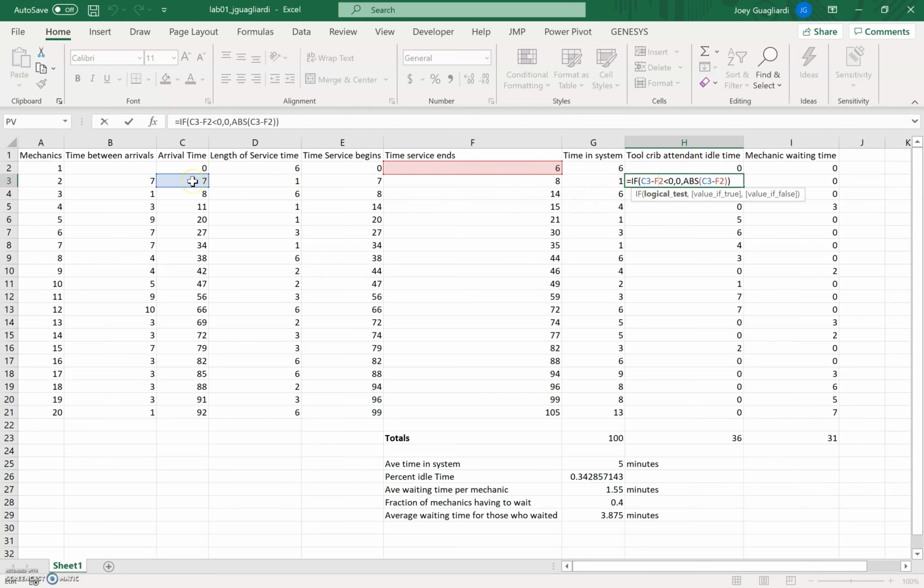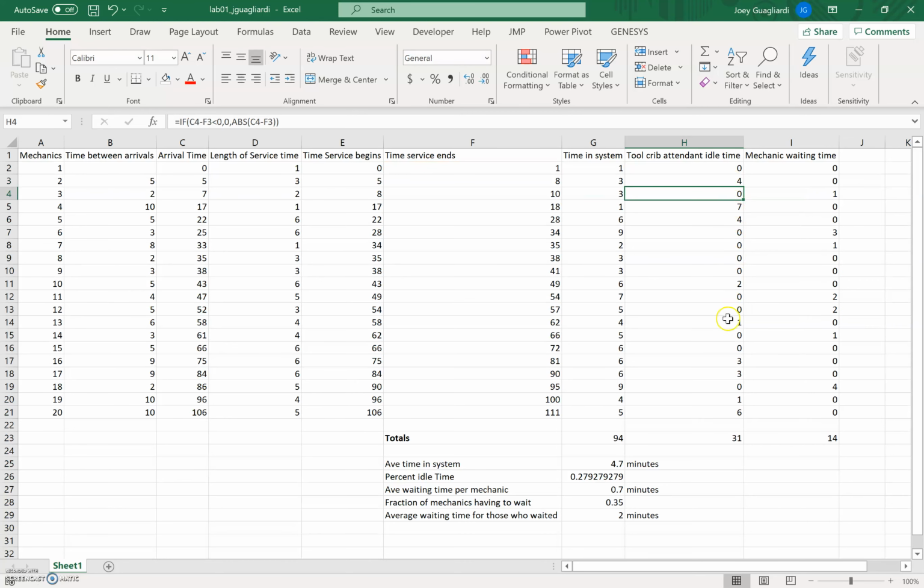So the arrival time, the current arrival time minus the previous time service ends. If that was less than 0, I would put a 0. However, if this was greater than 0, I would let it be the positive value that it is, as you can see down here.